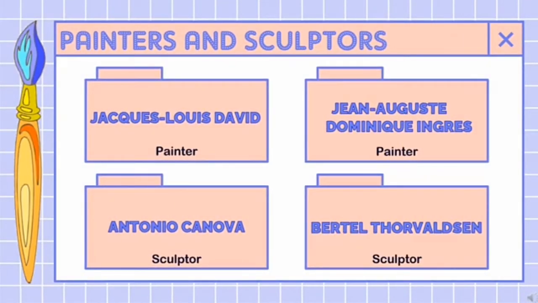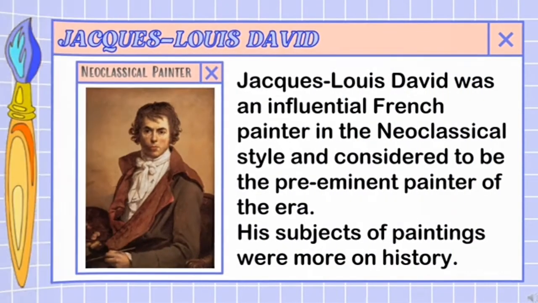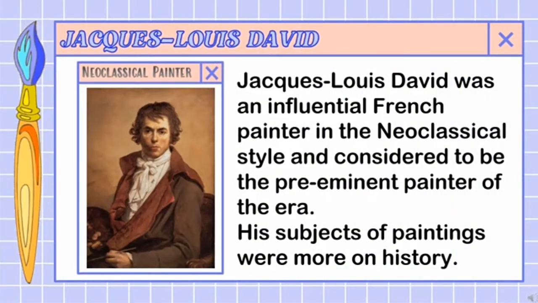Painters and sculptors. First is Jacques Louis David. Second is Jean-Auguste Dominique Ingres. Sculptor Antonio Canova. Sculptor Bertel Thorvaldsen. Jacques Louis David was an influential French painter in the neoclassical style and considered to be the preeminent painter of the era.